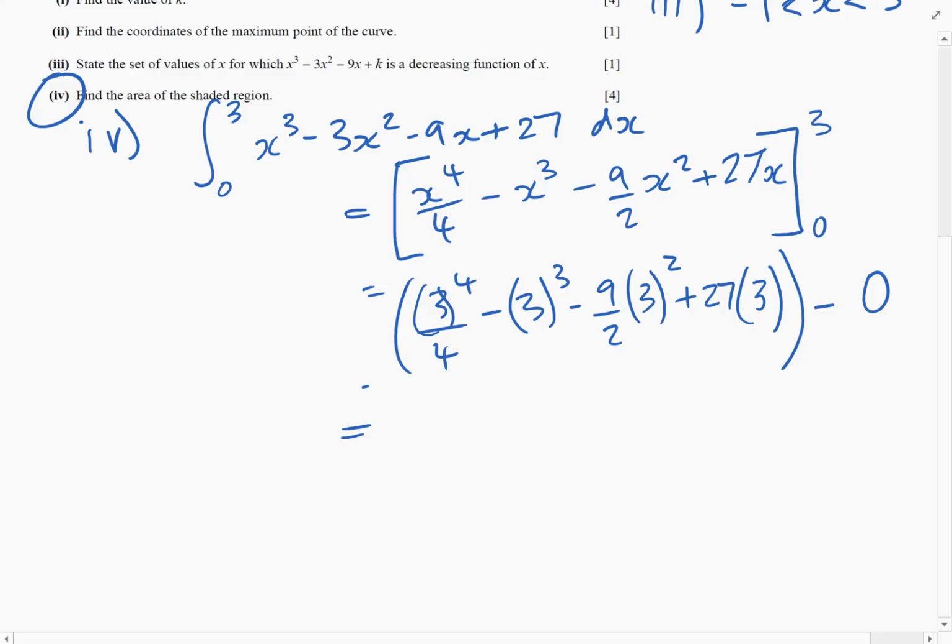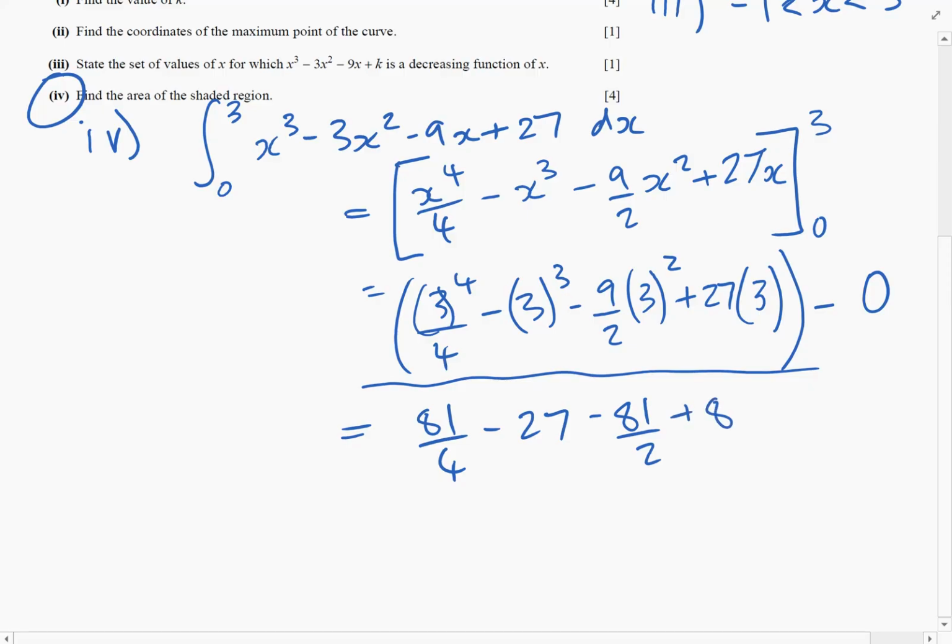So you could type all this into your calculator here, or work it out. So we're going to get 3 to the power 4, 81 over 4, minus 27. That's going to be 9 times 9 over 2, so that's 81 over 2, and then plus 81.